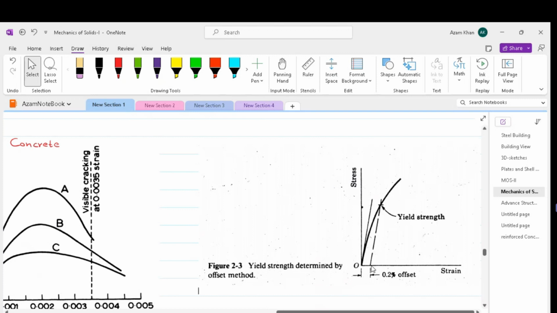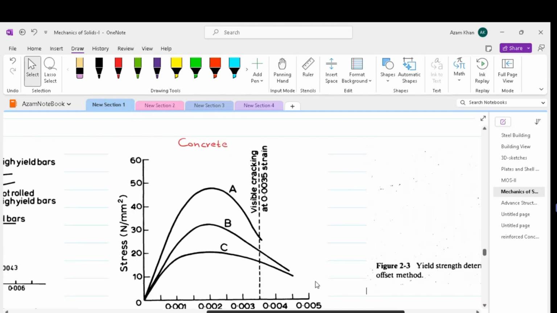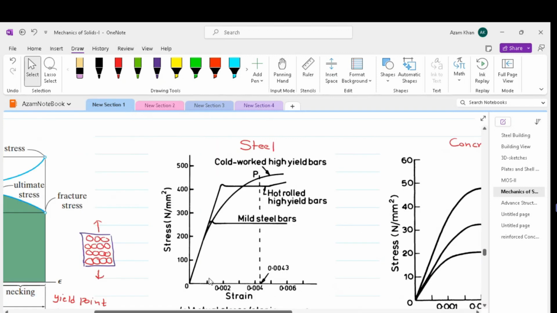Therefore, we draw a line which is parallel to the initial slope of the line, and that is at a distance 0.2%. Wherever this line hits the curve, that becomes our yield stress. This sort of behavior is common in cold worked high yield bars where the yield is not well defined.